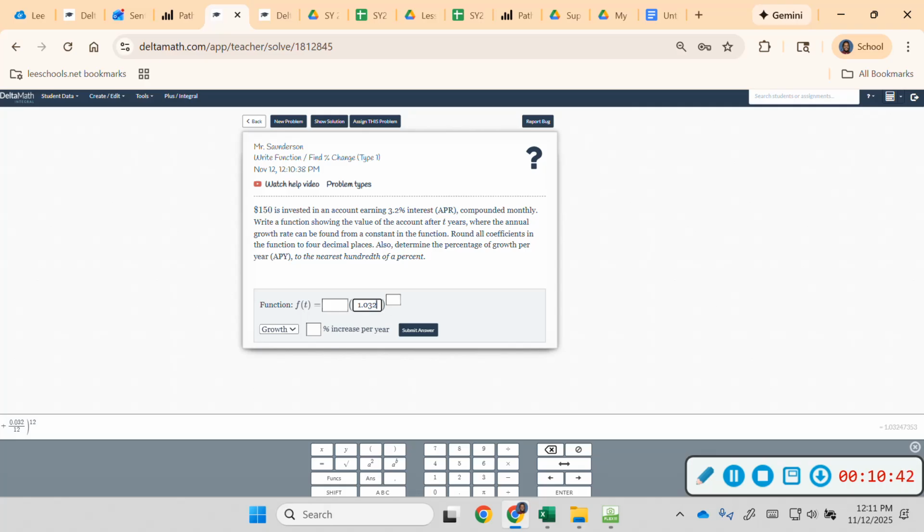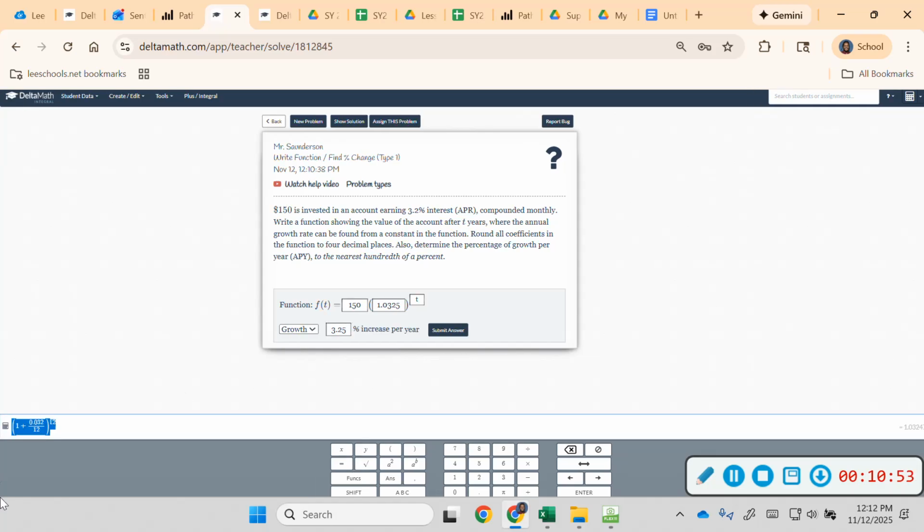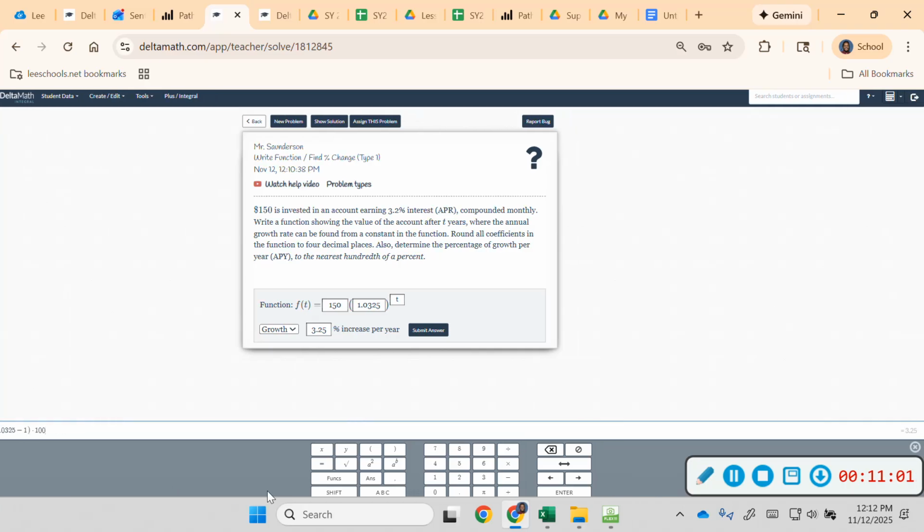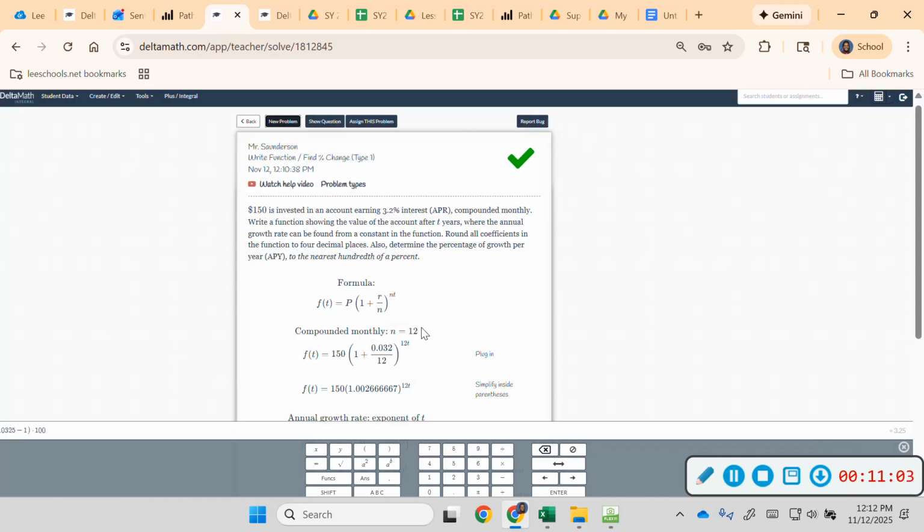Okay, the 7 makes the 4 go to a 5. Rewrite the 150. Rewrite the t. And I'm growing by 3.25, and again I can get that by taking the number in the parentheses, minus 1, and then multiplying by 100. Okay, so again guys, just like that.